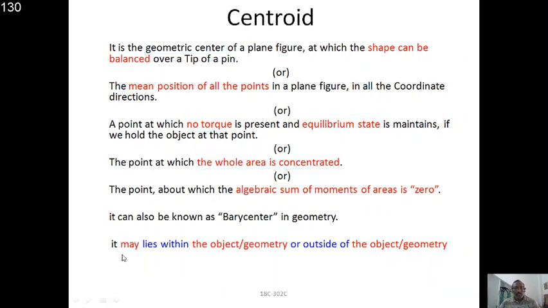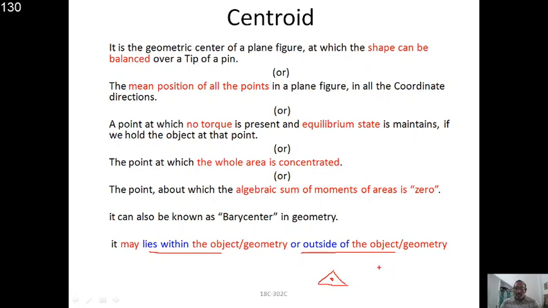And one more interesting point is that the centroid can lie within the object or outside of the object. For that we can take any shape of structures. You can see the triangle shape. In a triangle, the centroid will be within the object.